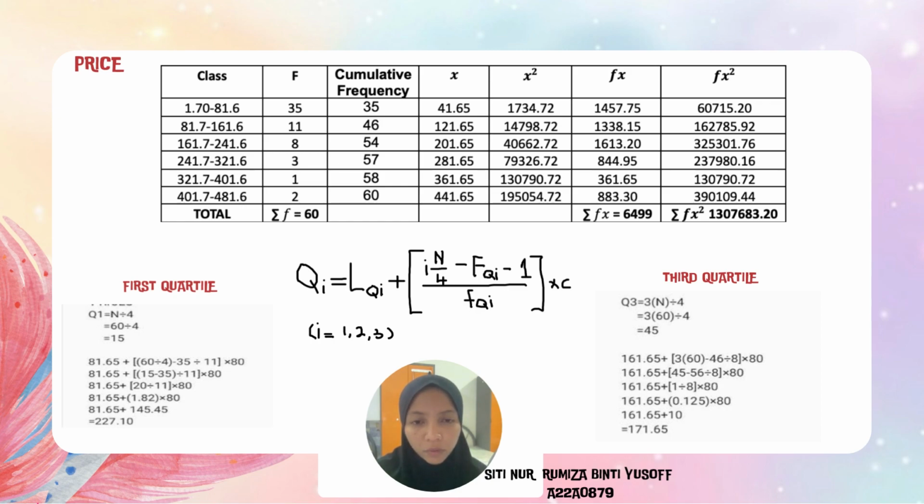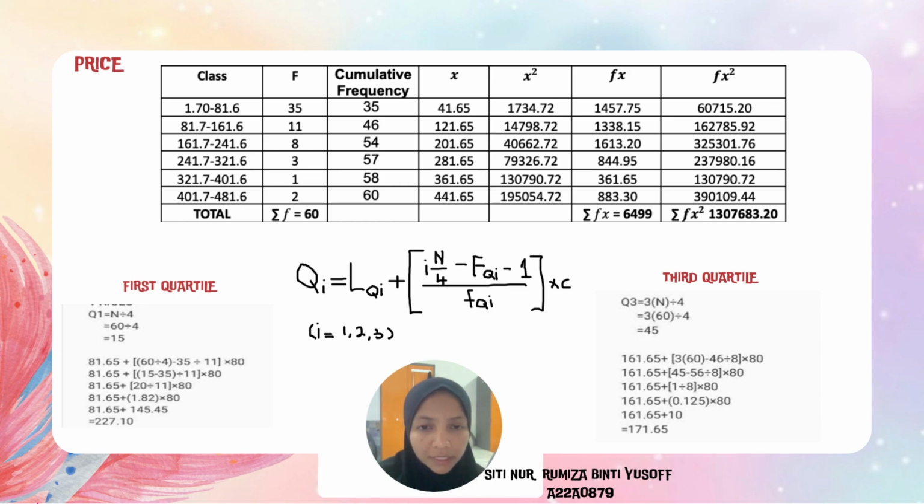So we have to find LQ1. So LQ1 is 81.65 plus 60 divided by 4 minus 35, divided by 11, multiplied by 80. So we get the first quartile is 227.10.